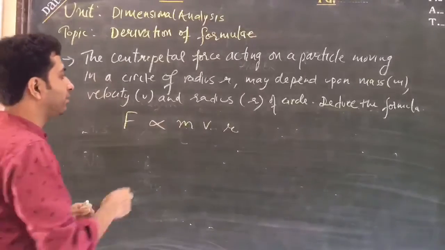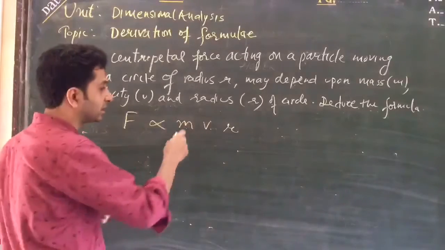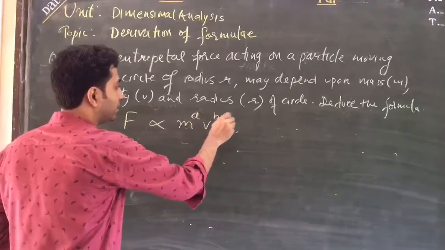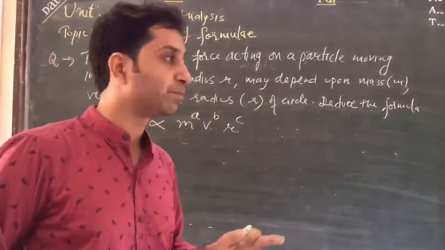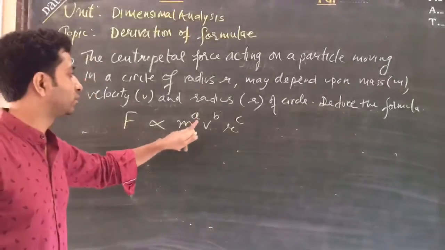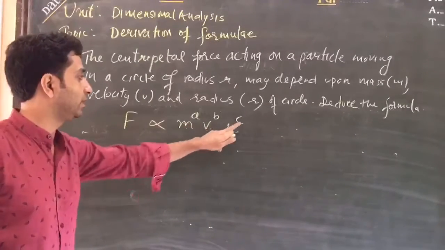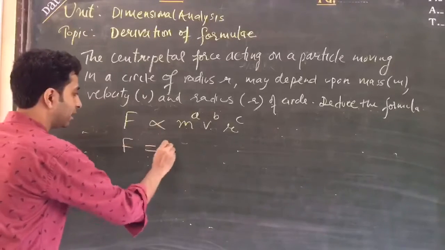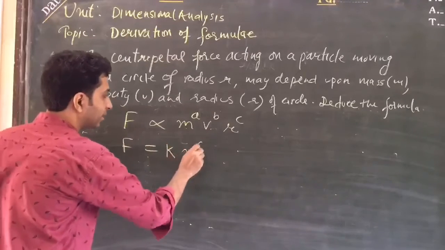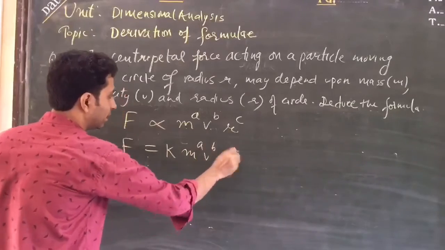To deduce the formula, ultimately we need to find the dimensions. So let a, b, c be the unknown powers. So m raised to a, v raised to b, and r raised to c. And you can also remove the proportionality by putting a constant k like this.